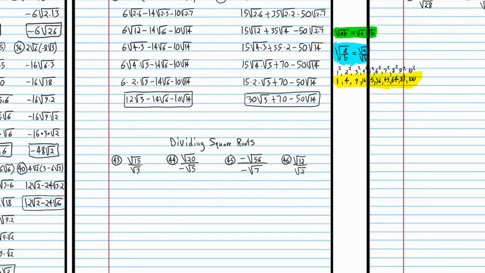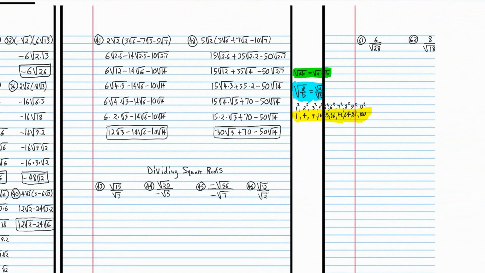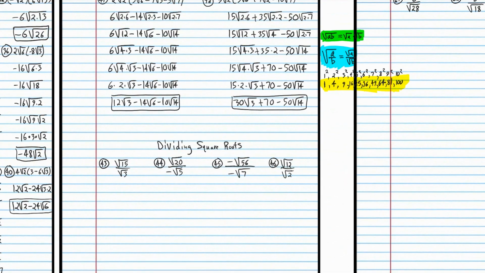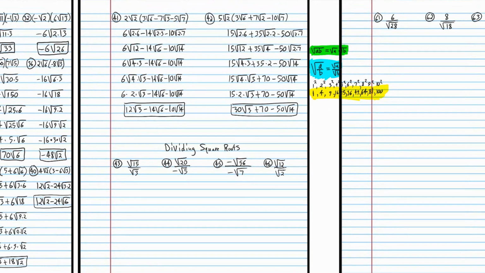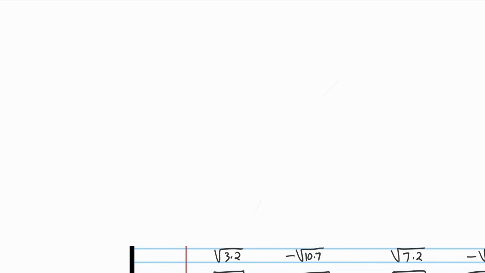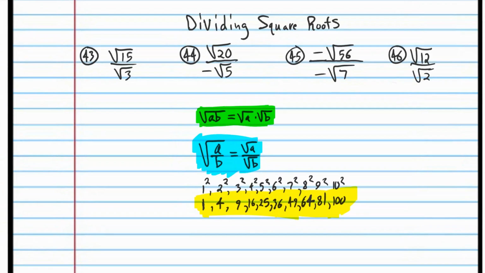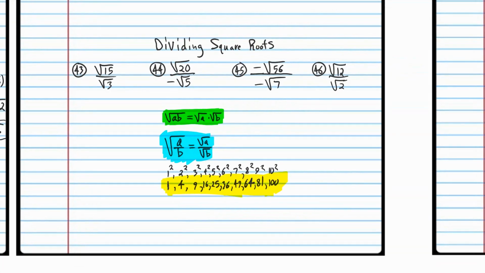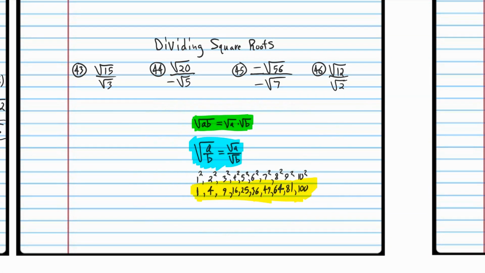All right, so now we're going on to division of square roots. We're pretty much done with multiplication. As you can see, multiplication is really not that big of a deal. We use the green equation here in the previous problems. But now we have to go to the blue equation. Now we used the blue equation in the last class as well as the green equation.